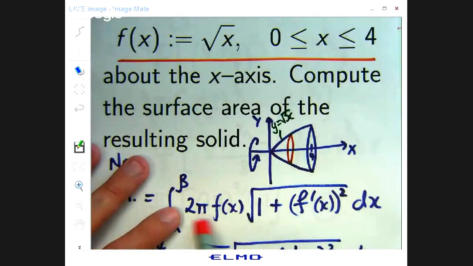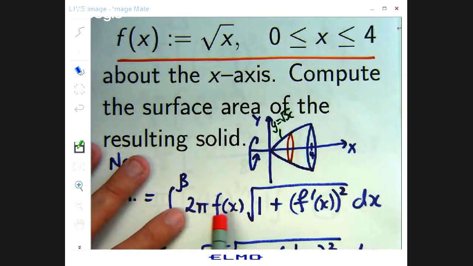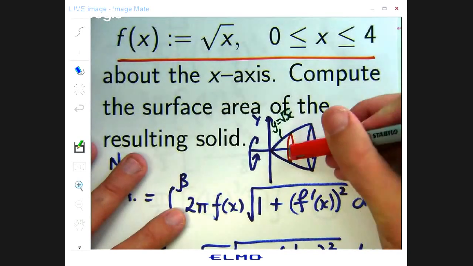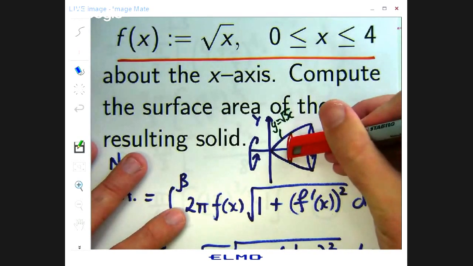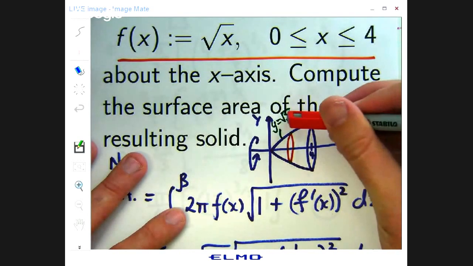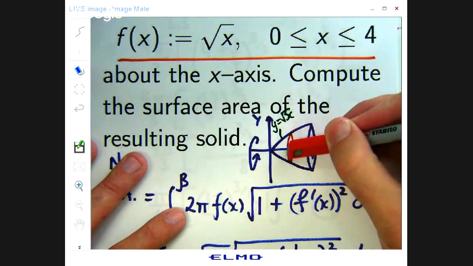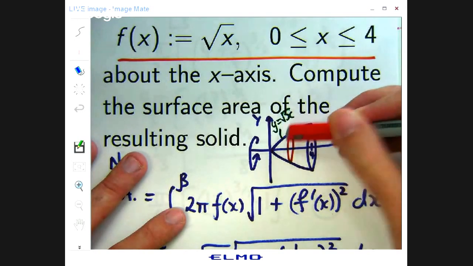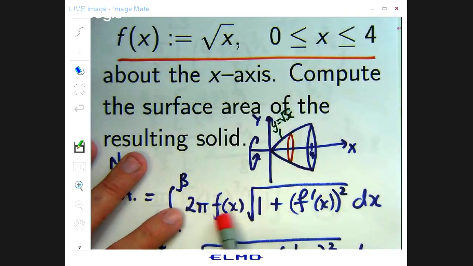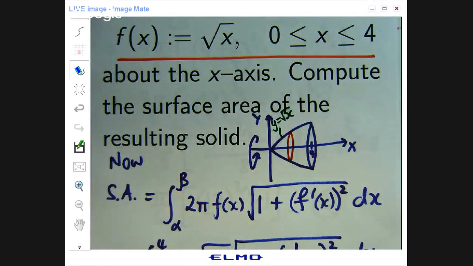Now, if you look at this, what does this remind you of? 2 pi f of x. Well, if you think of this as a circle, f of x, the value of y, or y equals f of x, is the radius of this cross-sectional circle. So that sort of gives you 2 pi times the radius. That's the circumference, right?